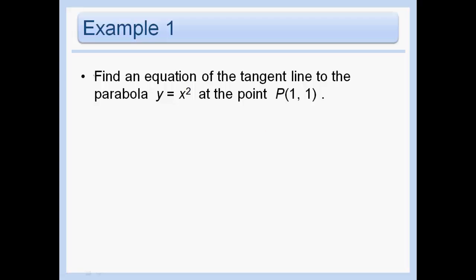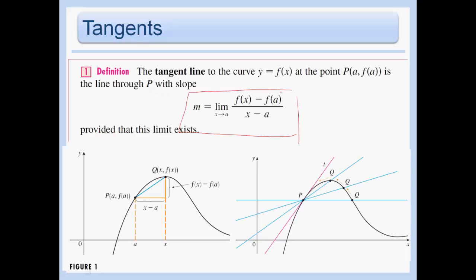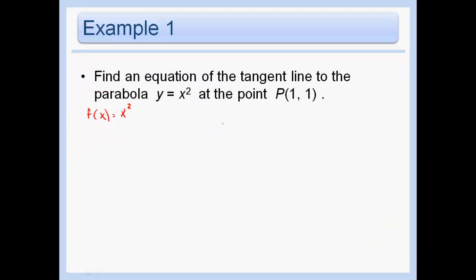All right, so we have a function and we have our point, and if we look back, our A in this equation would just be the x coordinate of the point that we want to find the tangent line at, so that's just 1.